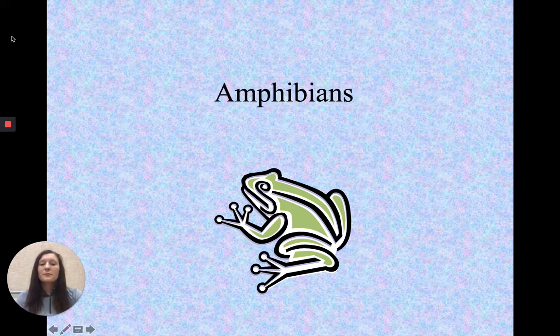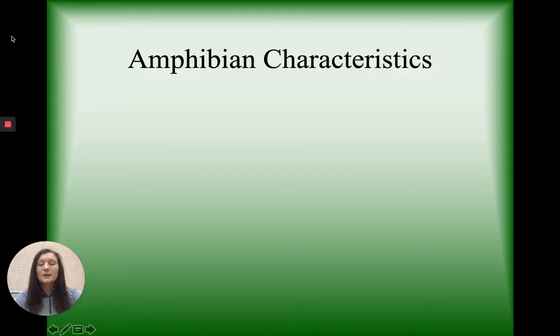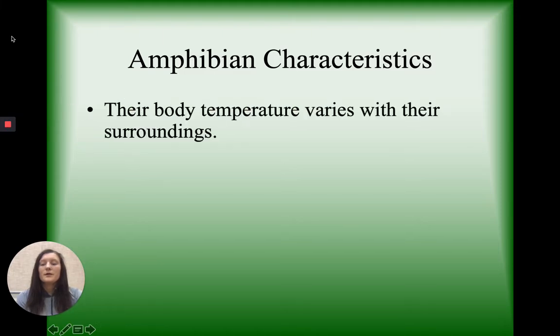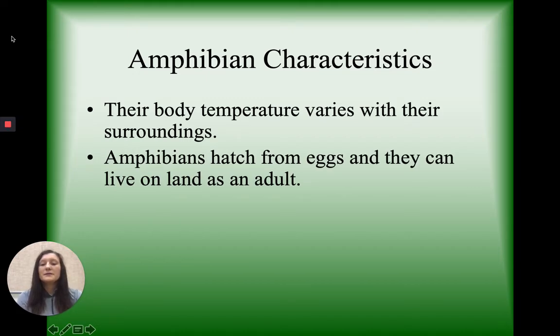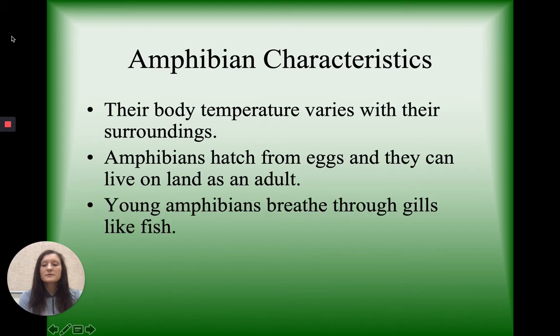Next up, we have what are called amphibians. So let's look at characteristics of amphibians. With amphibians, their body temperature also varies with their surroundings. Amphibians hatch from eggs and they live on land as an adult.